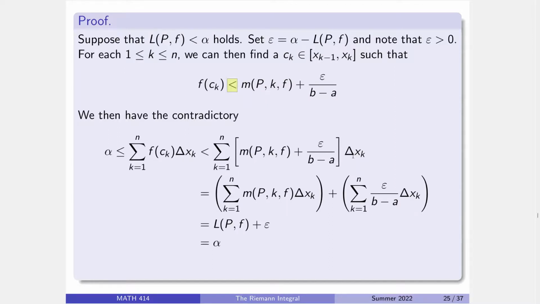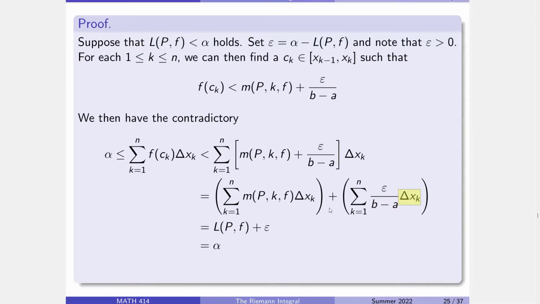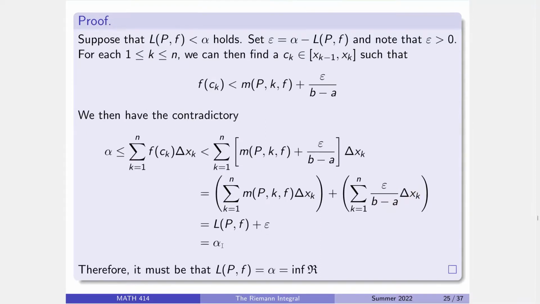All right, and then if I do these sums, here I'll just pick up the summation of L(P, f), the lower Darboux sum of f on the partition P, and if I add all of these up, oh hey, that will cancel that, and we'll just get epsilon, but that is what alpha was chosen, so we now have a beautiful contradiction. In fact, our favorite one, a real number being strictly less than itself. Okay, so that means that the infimum of the collection of all Riemann sums must in fact equal the lower Darboux sum. Beautiful. Cool, cool.